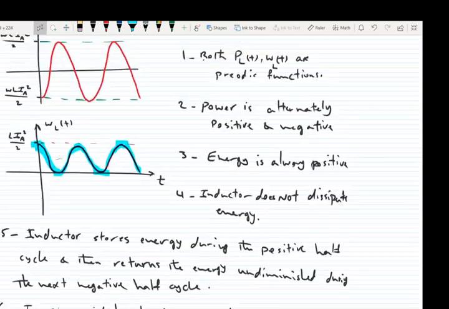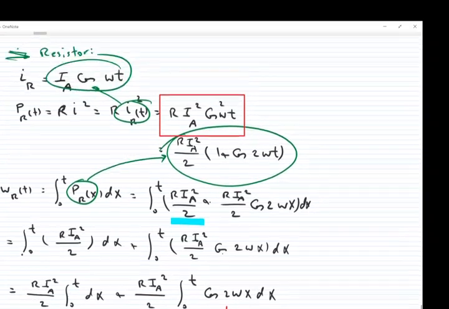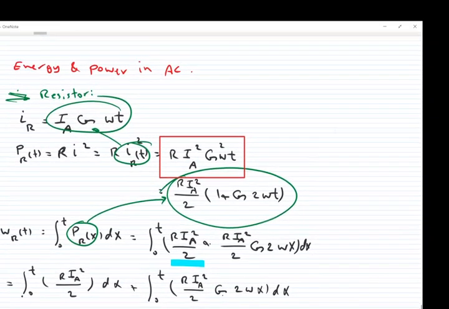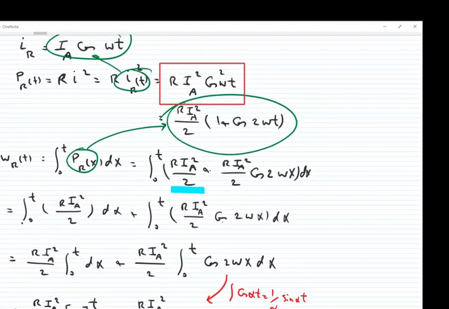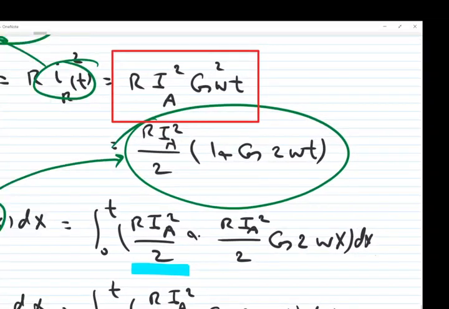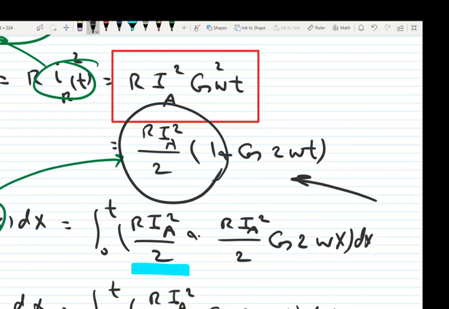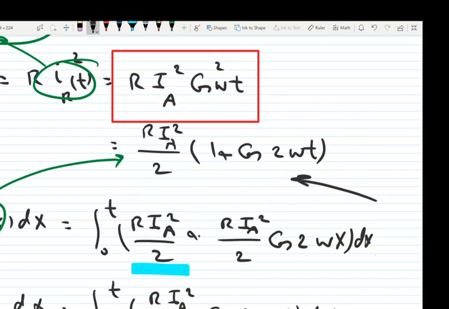If we look at a resistor, we see that it has both DC component and AC component, so the average is not equal to 0.